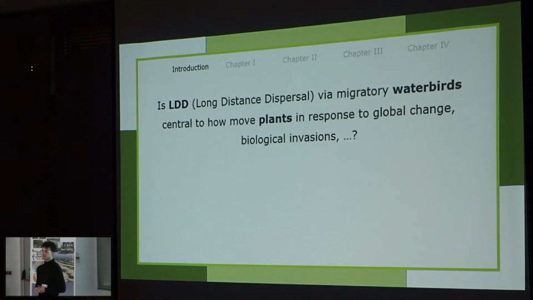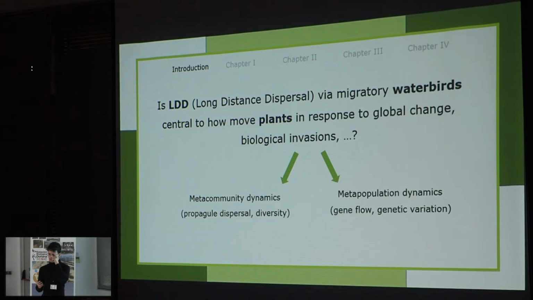So with this background, the main question we want to answer in this project is whether long-distance dispersal by a migratory waterbird is central to explain how plants move in response to climatic change, biological invasions, or direct transformation of the habitats by human activity.